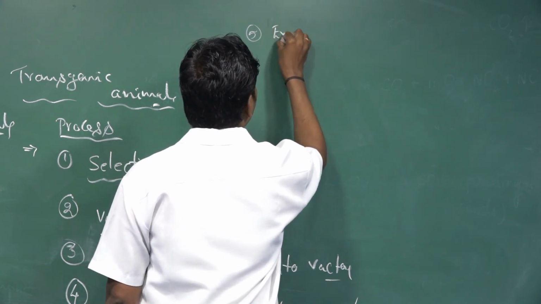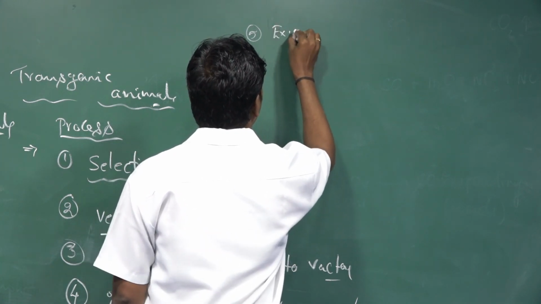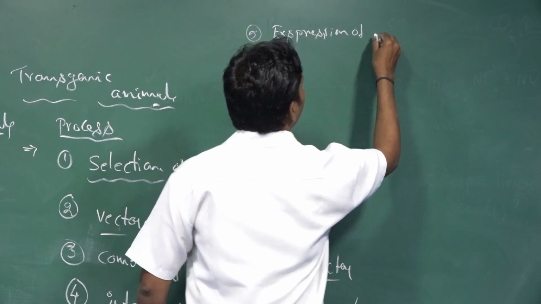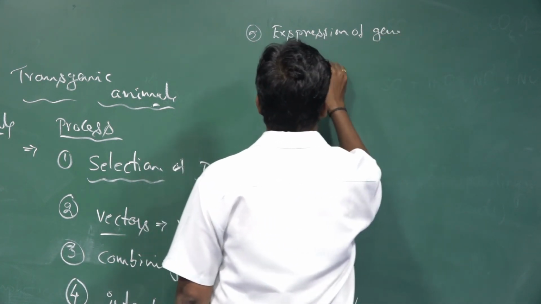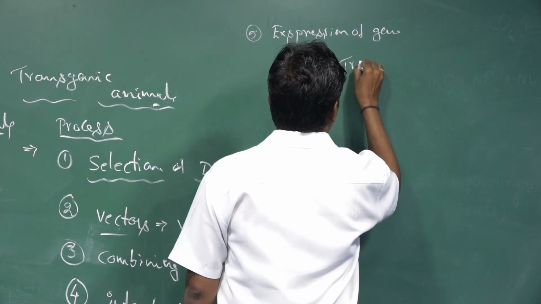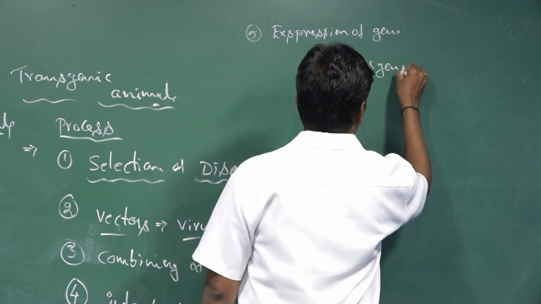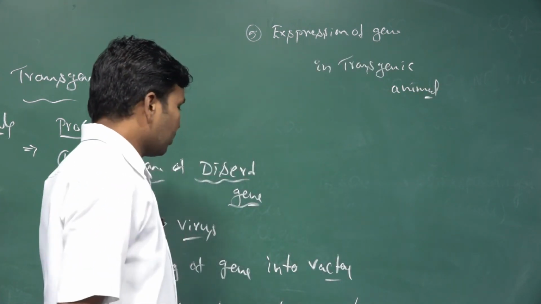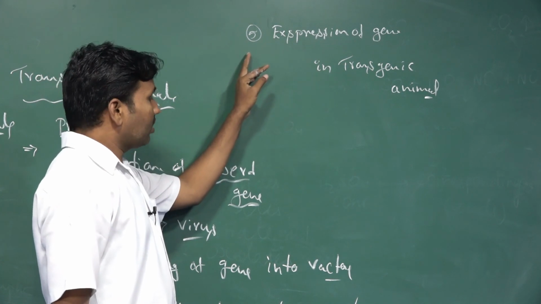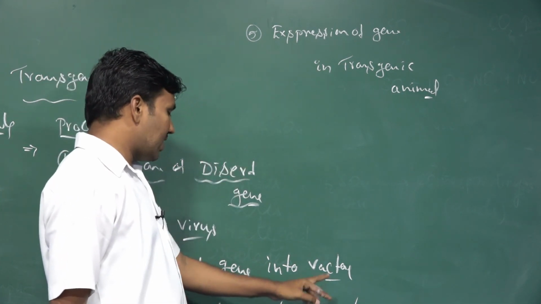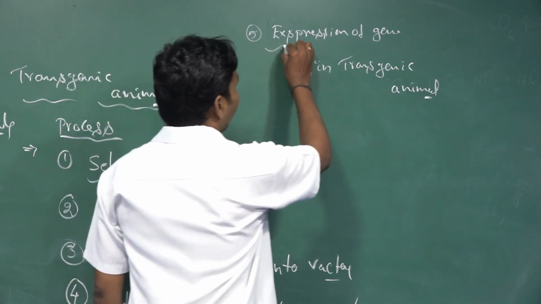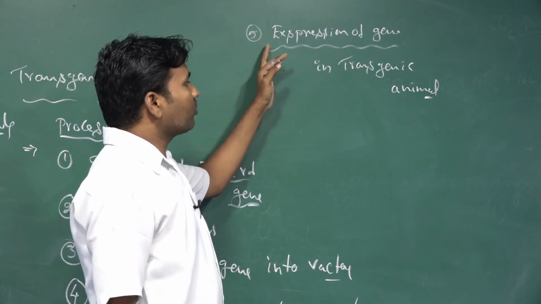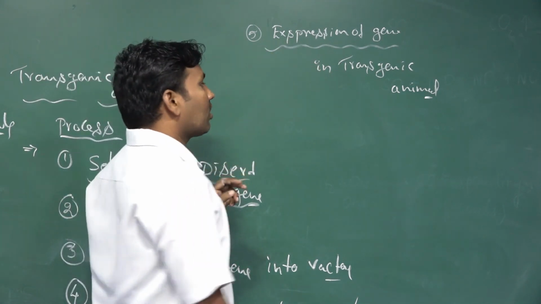expression of gene in transgenic animals. So once we introduce the specific genome into the specific organism, that is either their cells, tissues, or adults, that particular genome we transfer is going to be introduced into the transgenic animal.